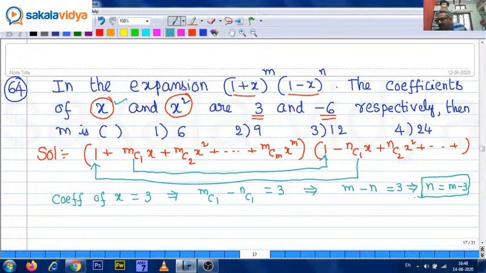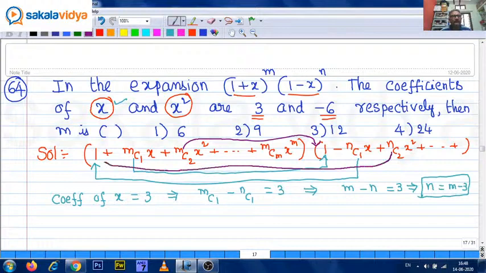Okay. So next, now we need to find out the x square coefficient. See, x square coefficient means here mC2 x square multiplied by 1. Next, nC2 x square multiplied by 1.